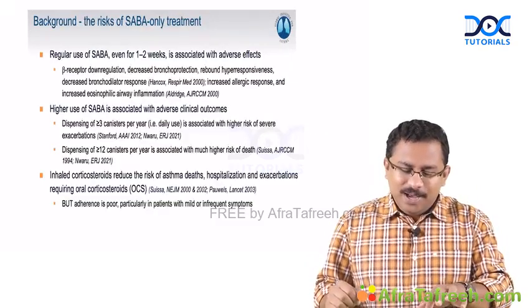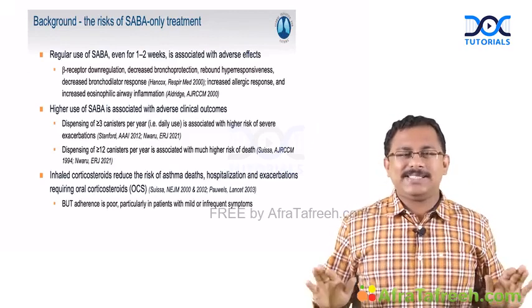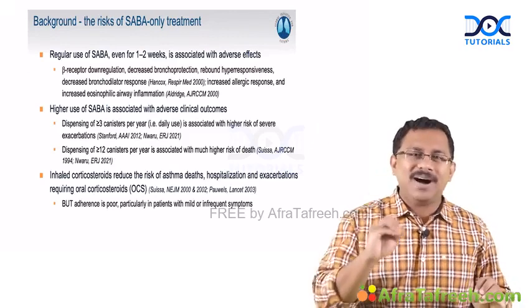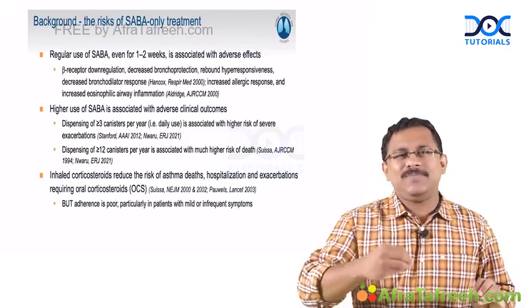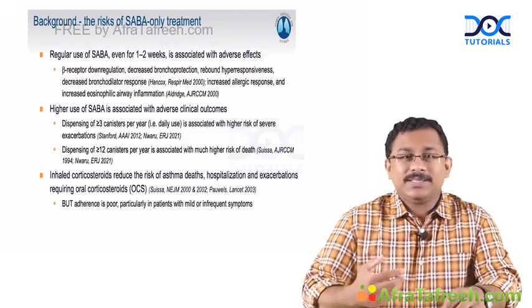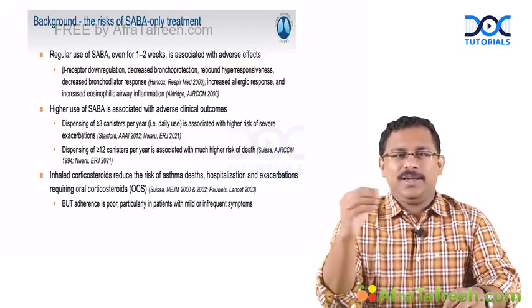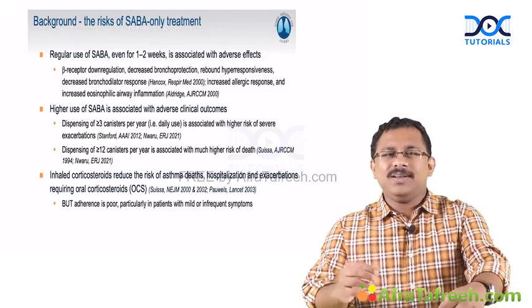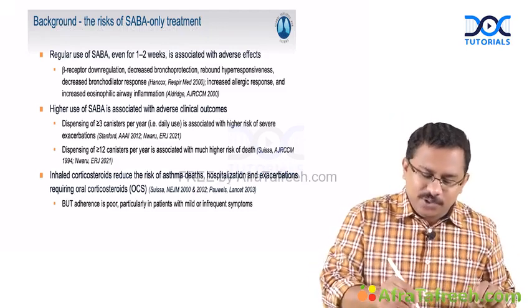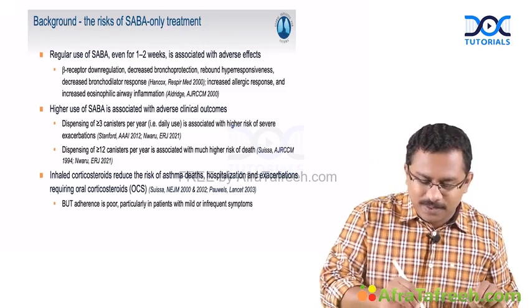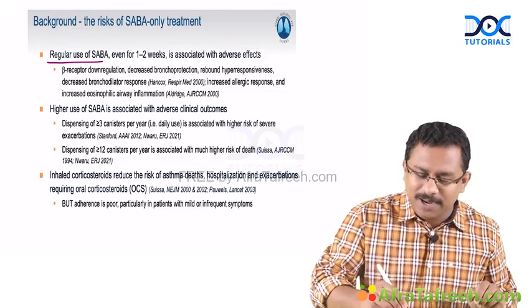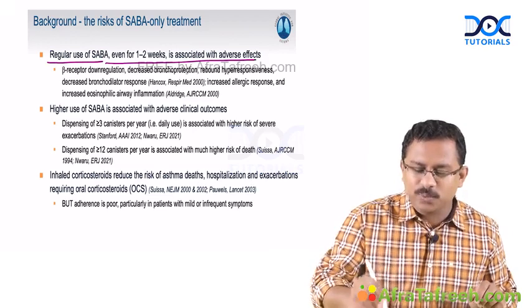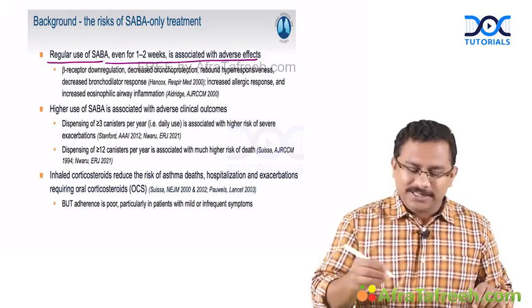All right. Now, sticking on to the same, the risk of SABA only treatment, just to see the mechanisms also, because as of now you've got a picture like SABA only, there is some problem. But why does this occur is because of some factors. Okay. So, regular use of SABA, even for 1 to 2 weeks, is associated with adverse effects.